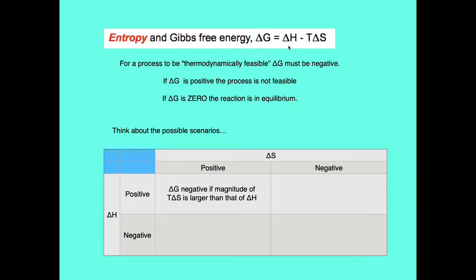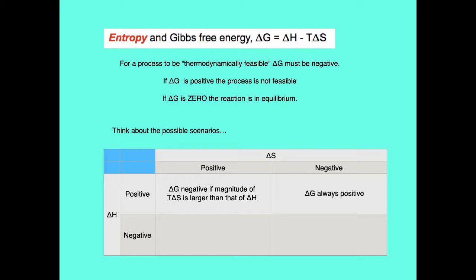For the process to be spontaneous, this term is going to have to be bigger than this term. So delta G will be negative if the magnitude of T delta S is larger than that of the enthalpy change, delta H. It makes sense then that at higher temperatures, the process is more likely to be feasible.